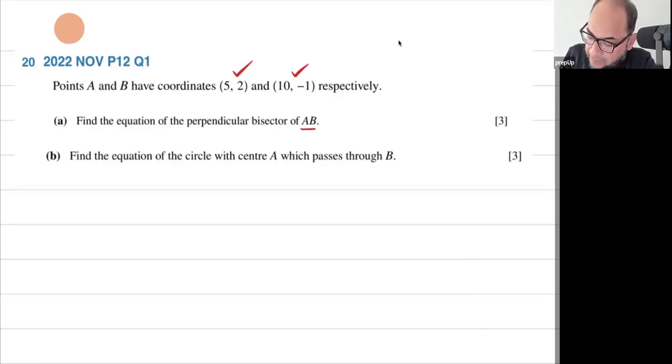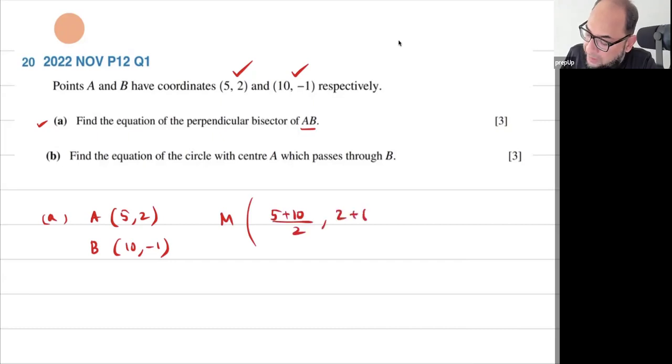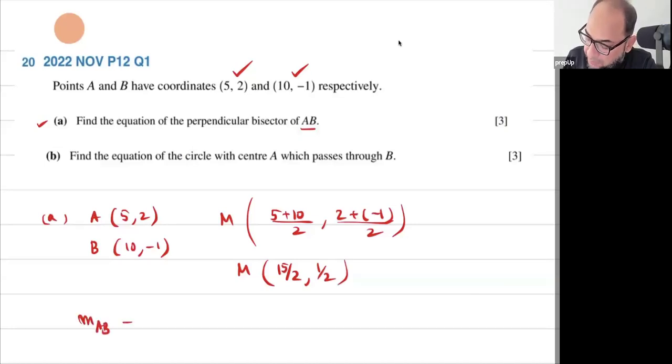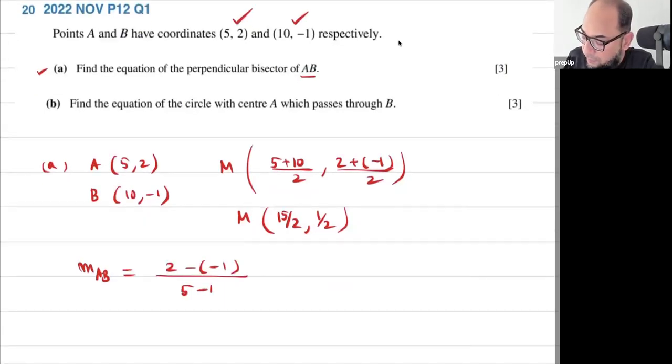That is simple. So part A, we have A 5, 2. We have B 10, negative 1. Let's calculate the midpoint. 5 plus 10 divided by 2, 2 plus negative 1 divided by 2. So M comes out to be 15 over 2, and this is half. And the gradient of AB, that is 2 minus negative 1 divided by 5 minus 10.